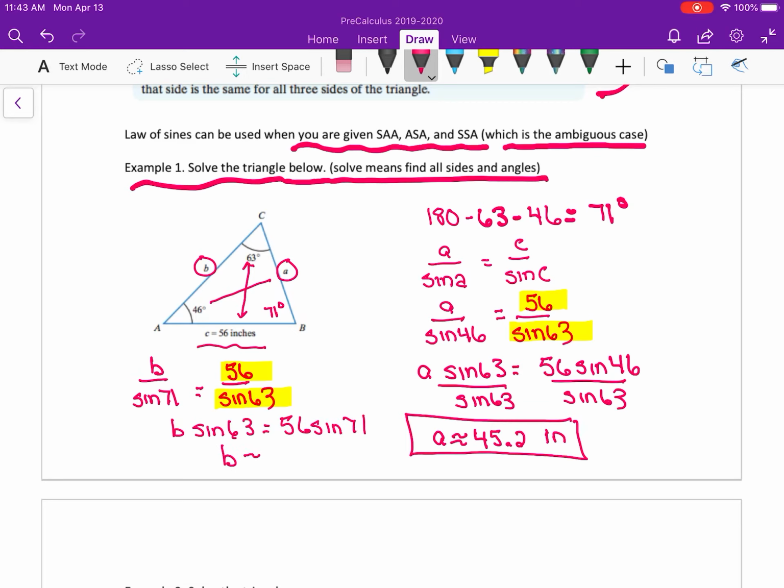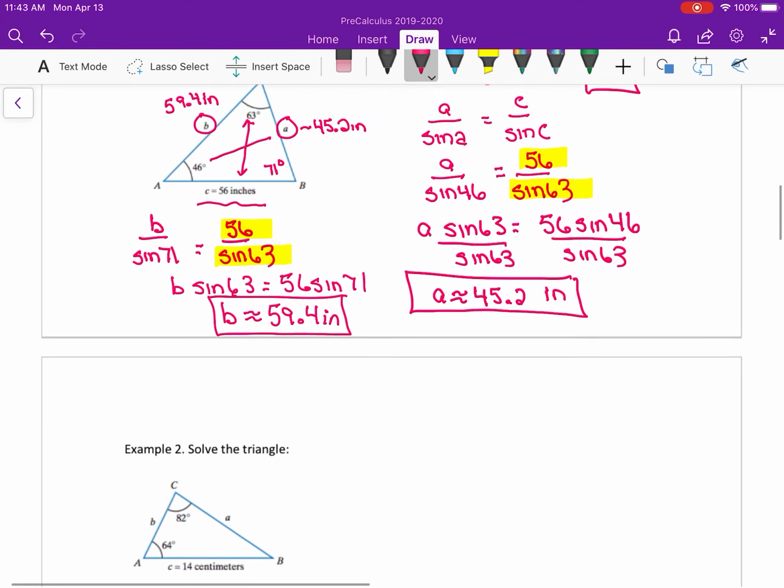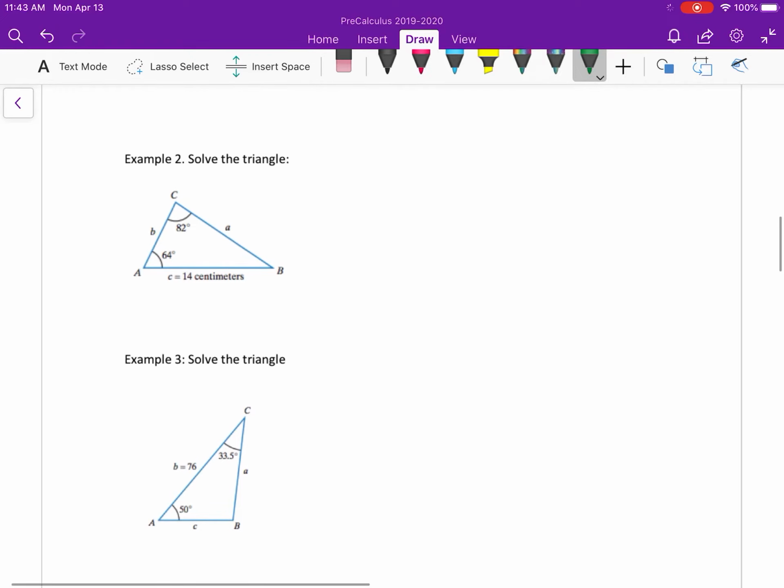Go ahead, divide both sides, and you get B is around 59.4 inches. So we have now solved for the three missing pieces. We know that angle A is 71 degrees, we know that side length A is about 45.2 inches, and we know that side length B is about 59.4 inches.